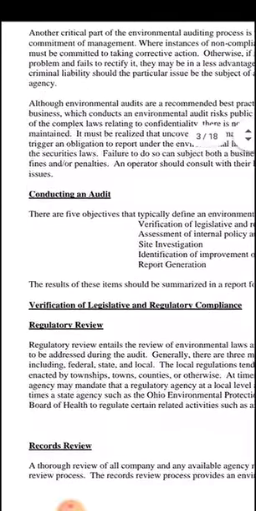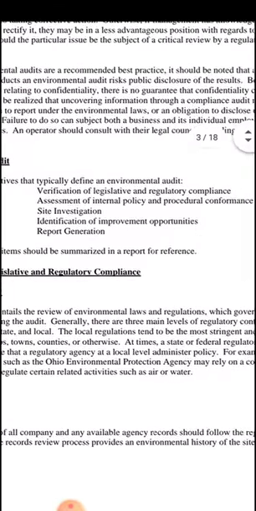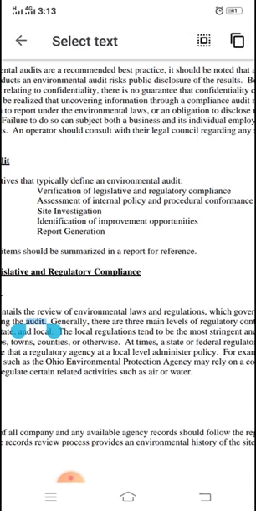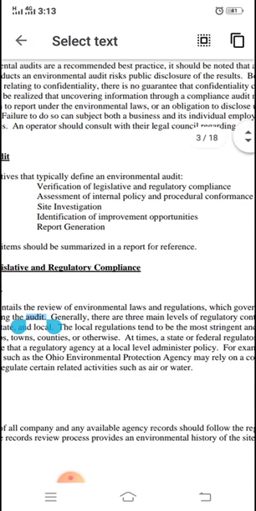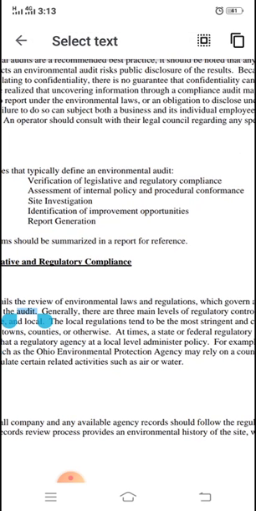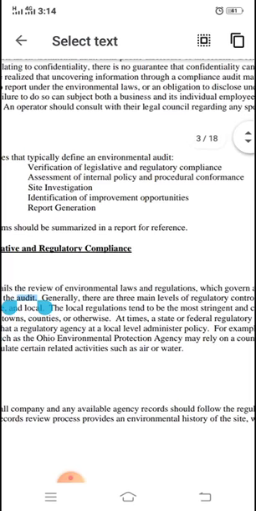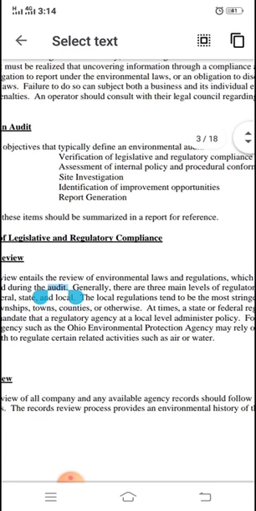These are the 5 objectives: verification of legislative and regulatory compliance; assessment of internal policy and procedural conformance, because the industry or organization has developed its own environmental policy as well, which is also required to be fulfilled; site investigations; identification of improvement opportunities, like the waste reduction we talked about; and finally the report generation.